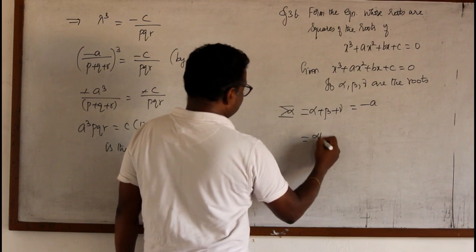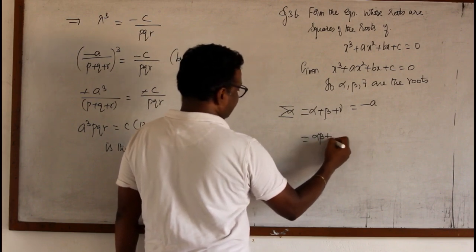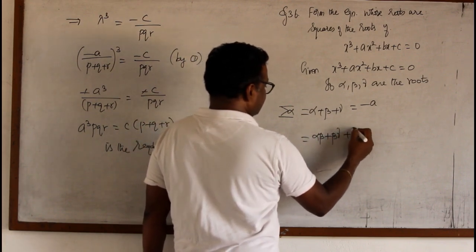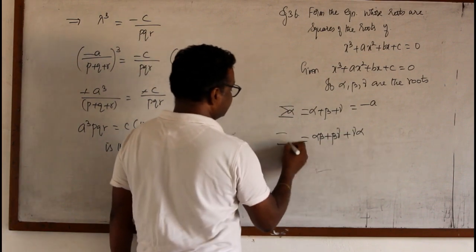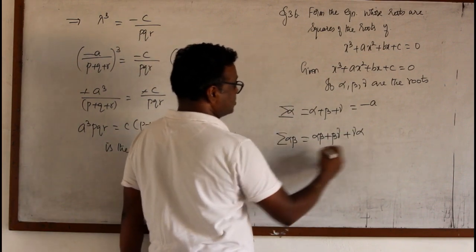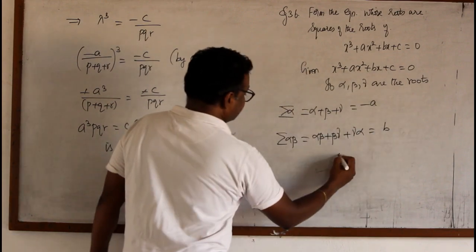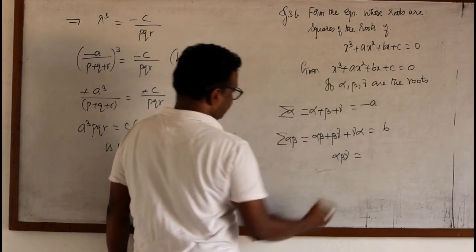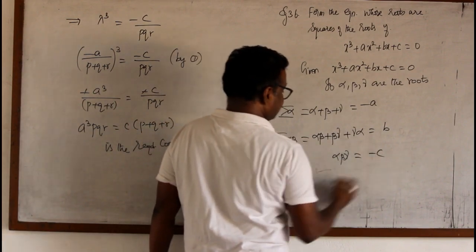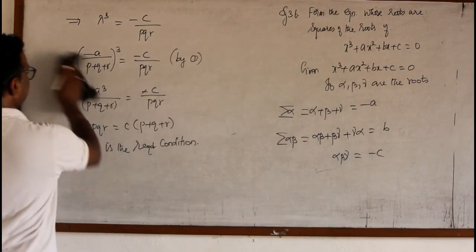Then the sum of the products of two roots, alpha beta, beta gamma, gamma alpha, is here plus b by 1. Then the product of three roots alpha beta gamma is minus c. So these three we know already.